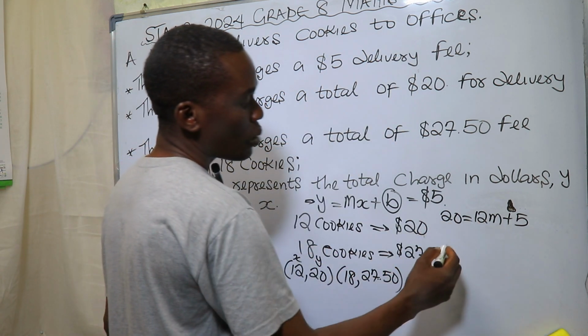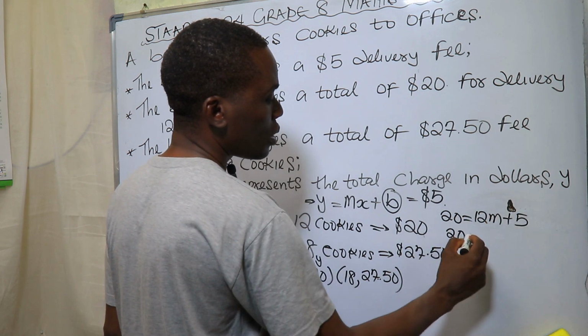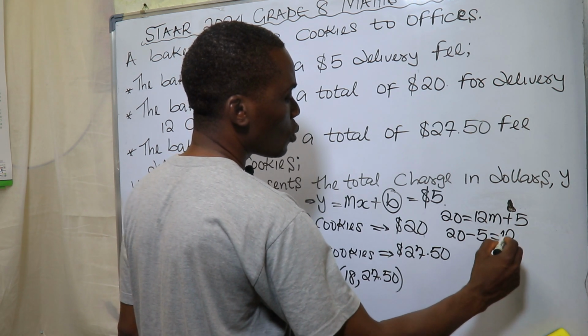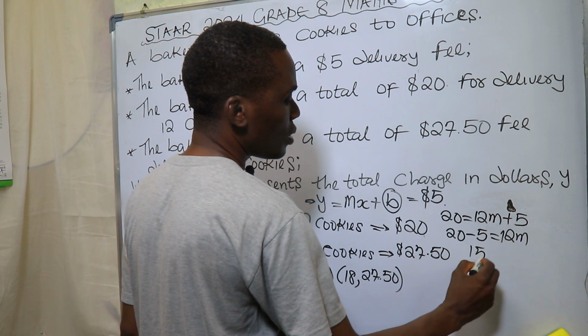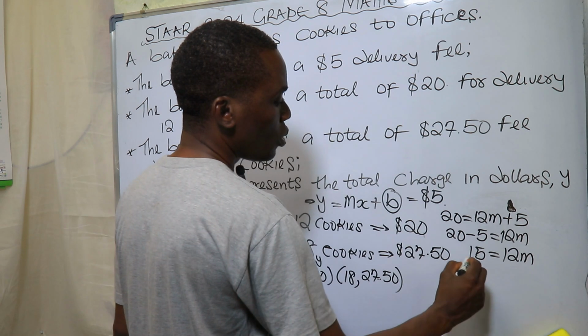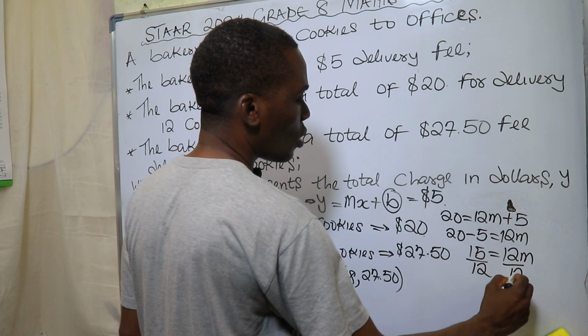So we have this giving us 20. This 5 comes here to give us minus 5, equal to 12m. So this gives us 15 equal to 12m. So divide here by 12 and divide here by 12.